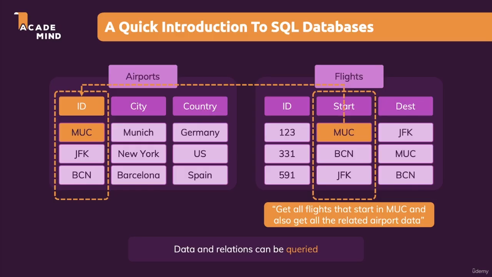So then you would use that relation and that unique identifier, which is so important as I mentioned, to then also go to the airports table, look for the MUC identifier there in the ID column, and fetch all the data related to that airport. And then one query could return data about the flight, so the ID, start, and destination, and also in the same query, data about the starting airport, like the city and the country. That's the idea behind SQL.